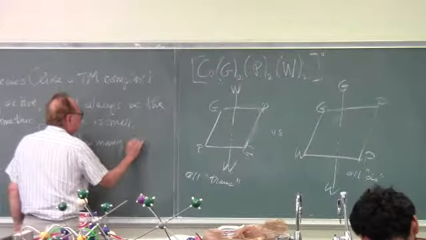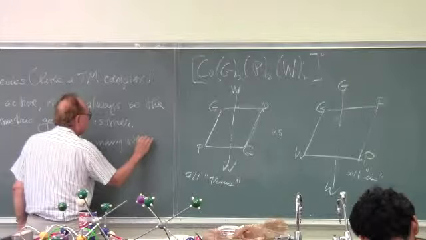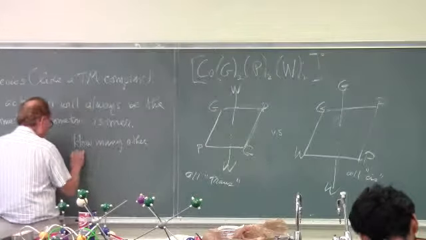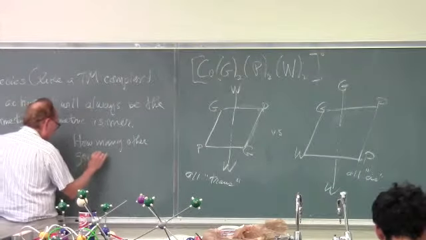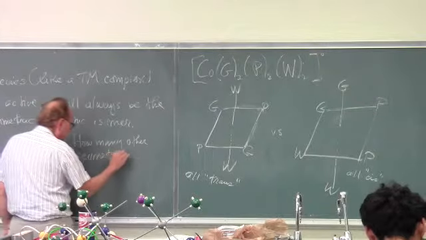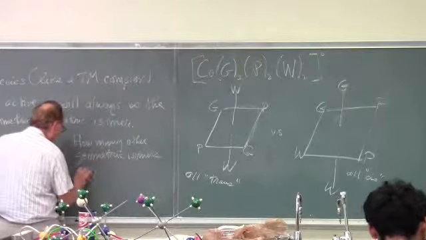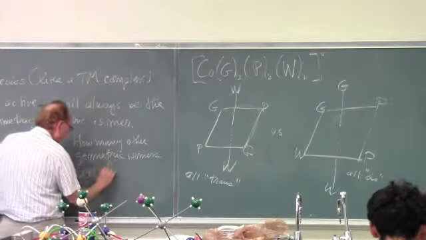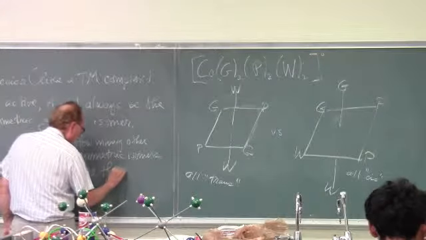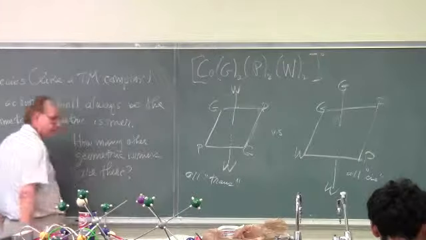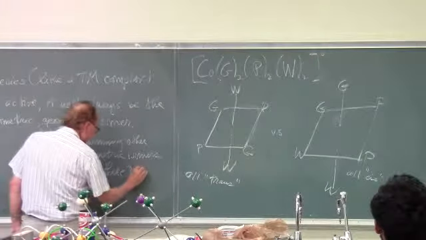How many other geometric isomers are there? And then we'll add what we're presently considering.